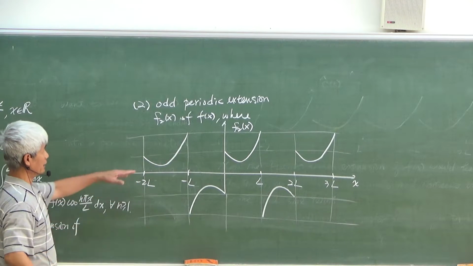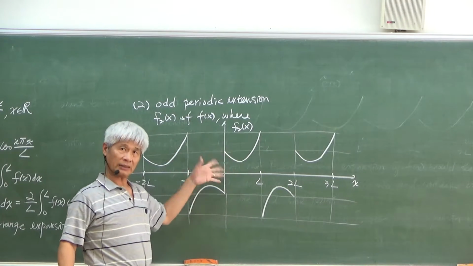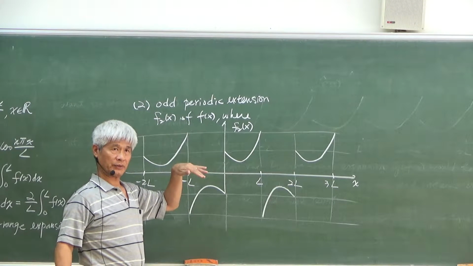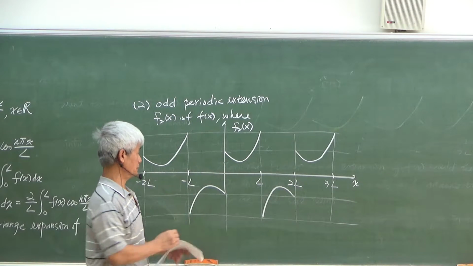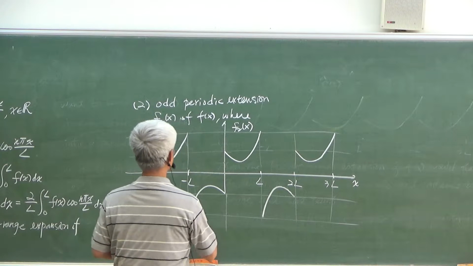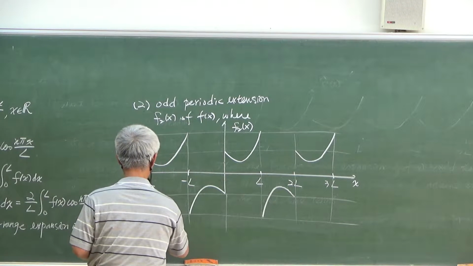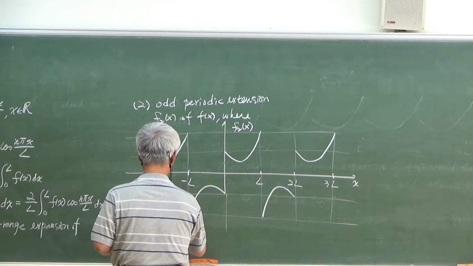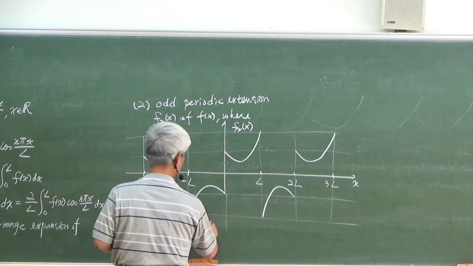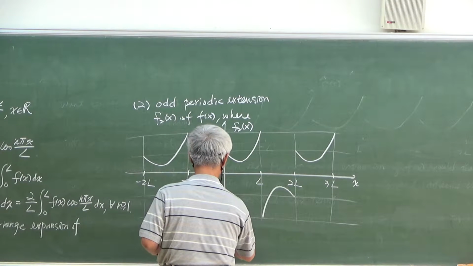So you see that f2(x) is a periodic function with period 2 times L, where f2(x) is an odd periodic function.